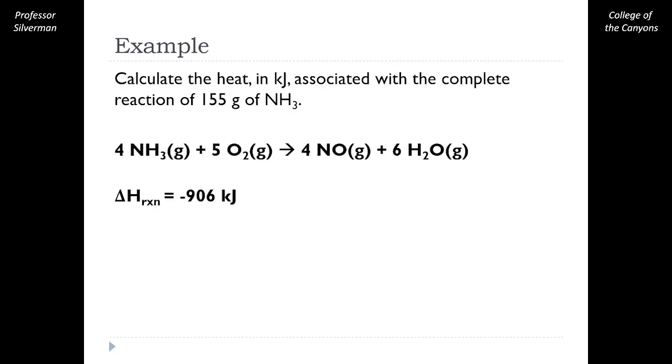We can do an example here. If we have 155 grams of ammonia, we can try to calculate the heat associated with the complete reaction of 155 grams ammonia. Our first step can be to get to moles of ammonia.